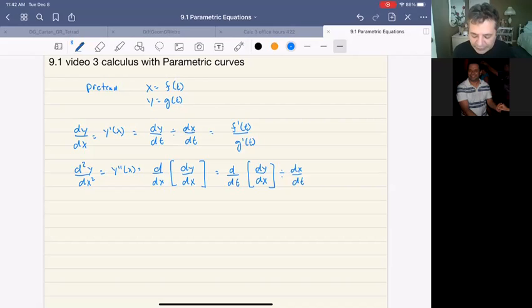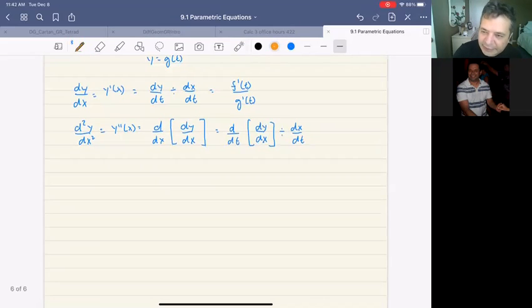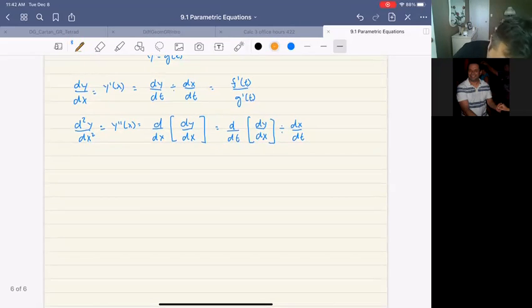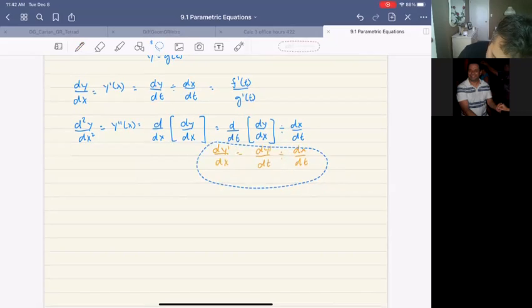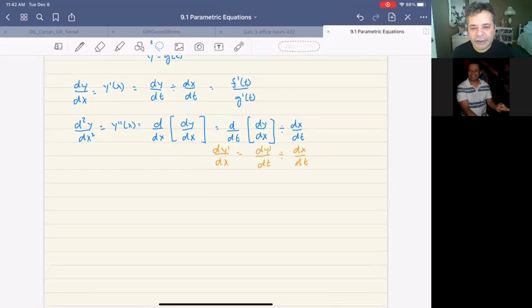So what am I doing here? I'm actually just doing the same thing as before. Another way to think about this: think of this as dy prime dx. So this is going to be dy prime dt divided by dx dt. If you think about it that way, then this makes perfect sense, right?